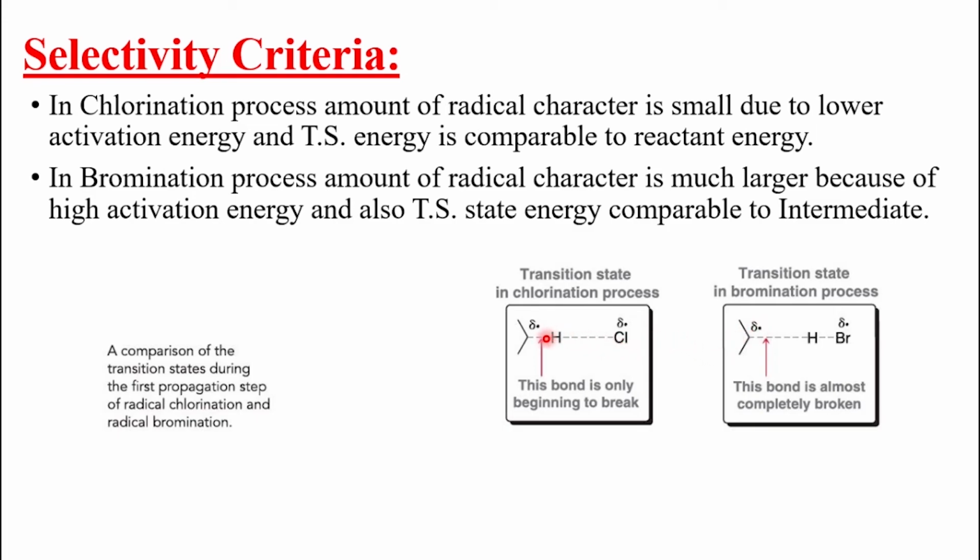Why? Here the amount of radical character is small because of lower activation energy. This small amount of radical character represents that the bond is only beginning to break, and high amount of radical character represents that this bond is almost completely broken.